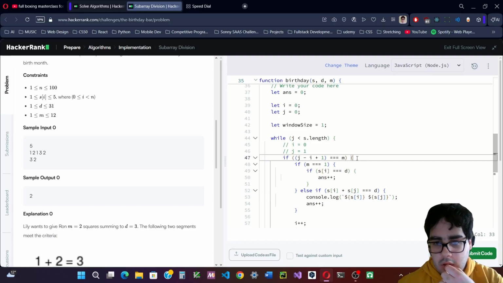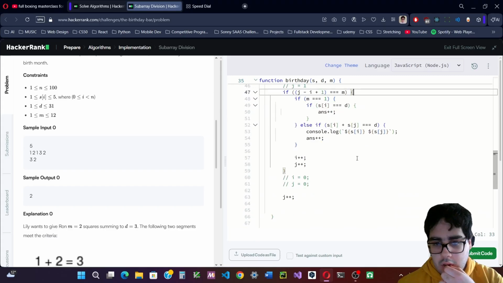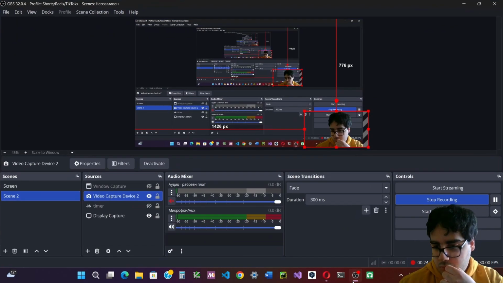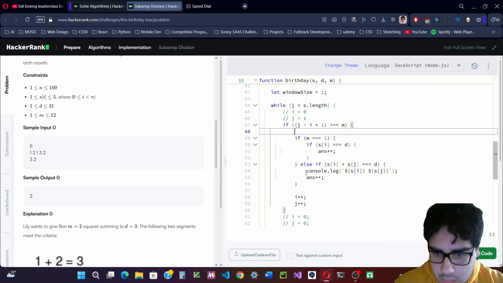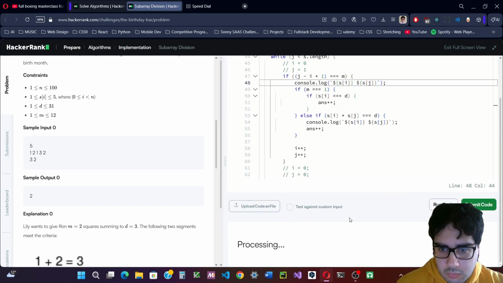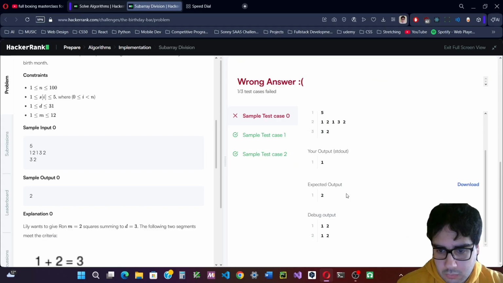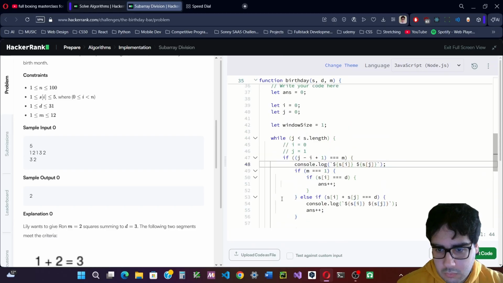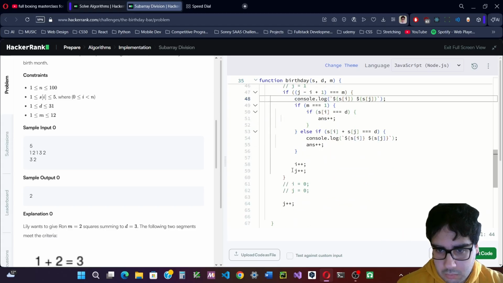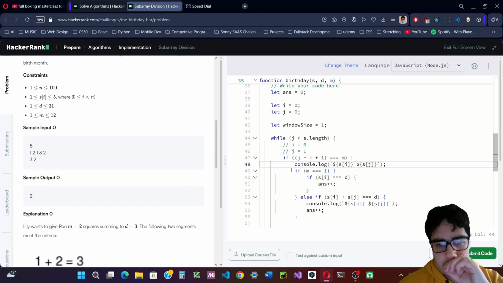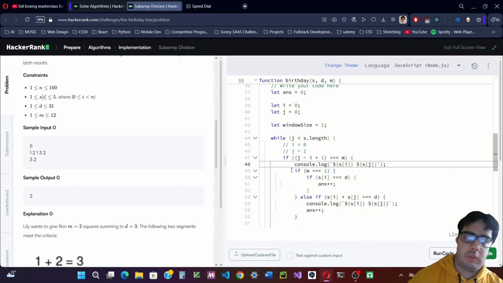What the heck? Should work. Still get 1 and 2. Hmm.